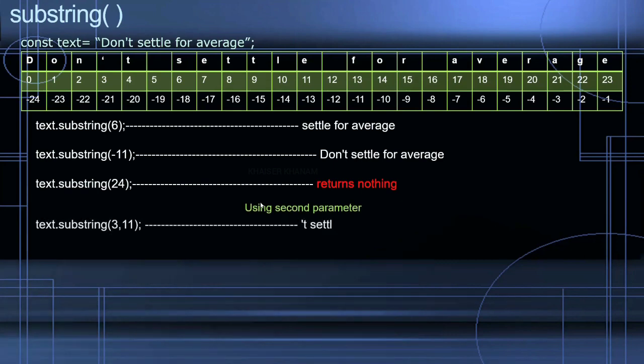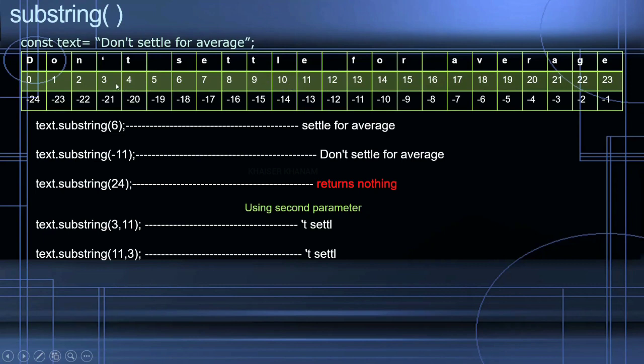Now using the second parameter, 3 comma 11, I will get the same result as we got in slice. The end will not be counted here as well. If we give it in reverse, in the slice method what happened? We were not able to count in reverse, and we were not getting anything with 11 comma 3.